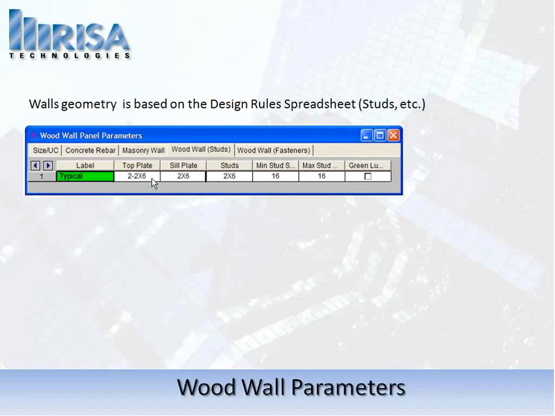We see here that we're using 16 inch stud spacing. The minimum stud spacing is 16 inches and the maximum stud spacing is 16 inches. You can actually lay out the range and the program will design that stud spacing, but a lot of times people know what stud spacing they want. The last column there is for green lumber.